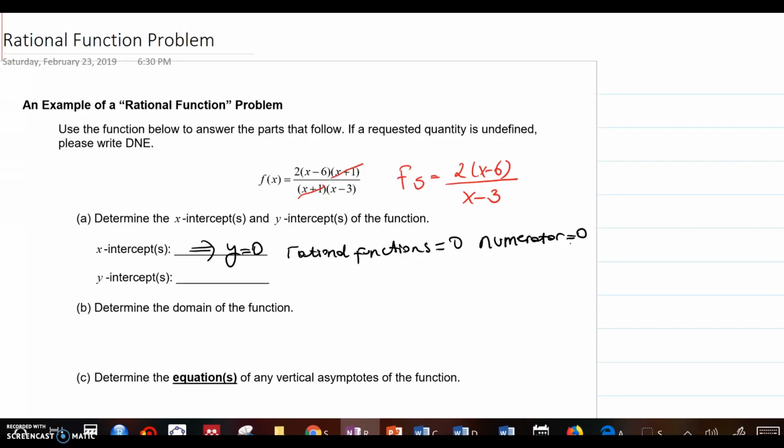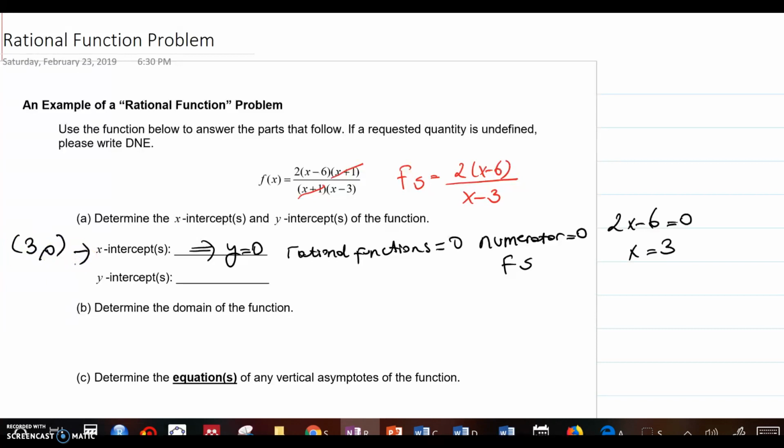So we're going to look at the numerator of the simplified one, and then x will be equal to 3. So the x-intercept will be (3, 0).